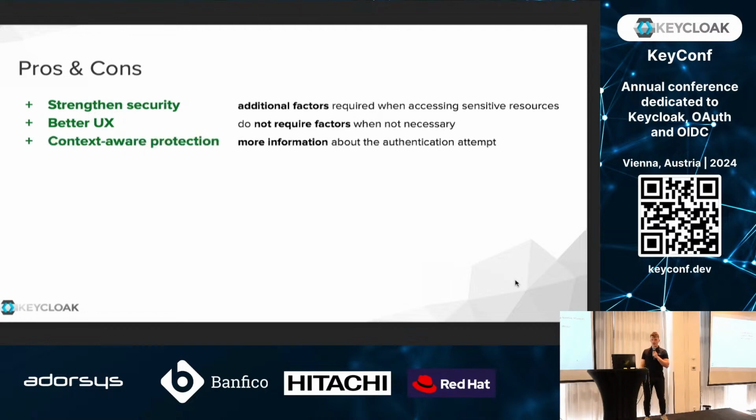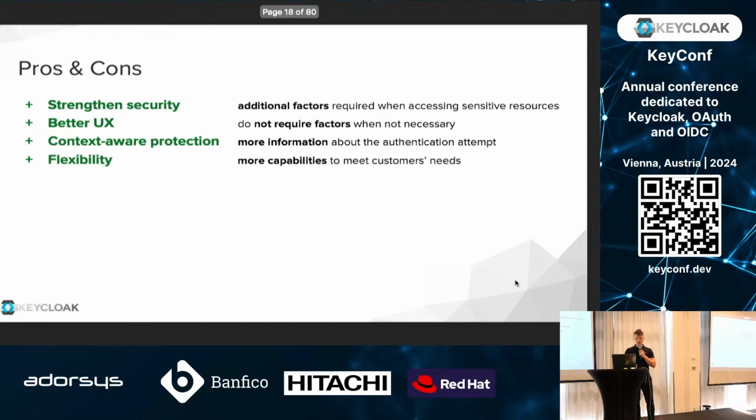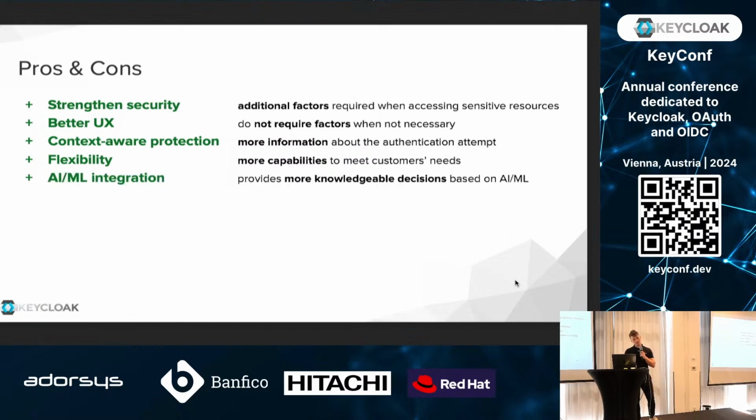There's also better context-aware protection, as we gather more information about the authentication attempt. Also, flexibility, with more capabilities to meet customer needs. Also, simpler AI or machine learning integration, as it might provide more knowledgeable decisions.